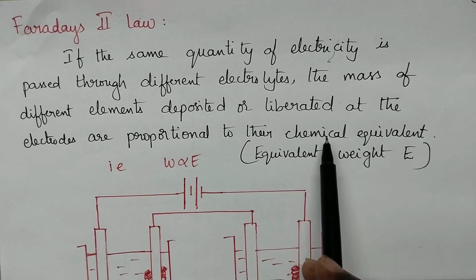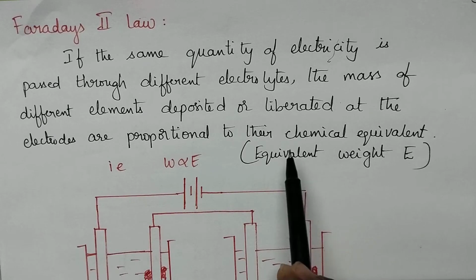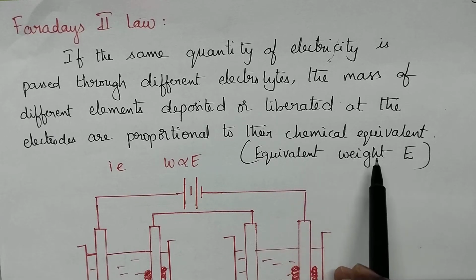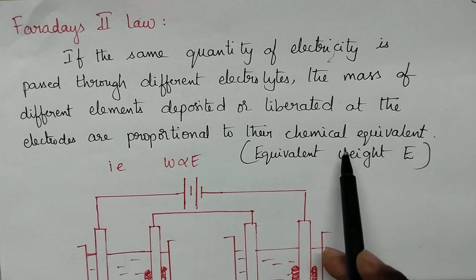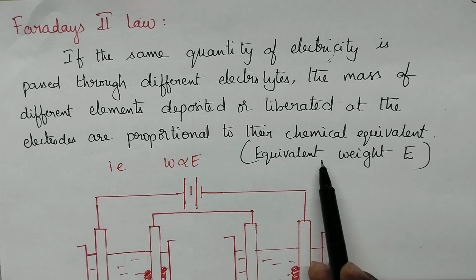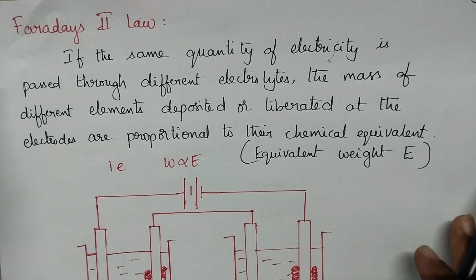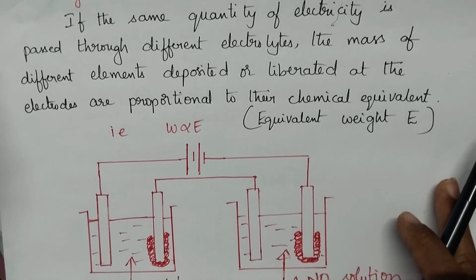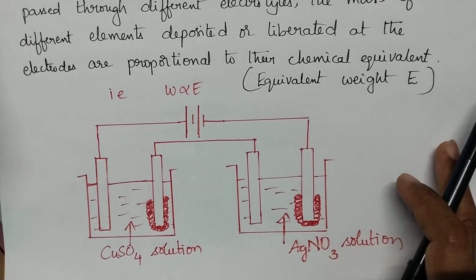Chemical equivalent simply means equivalent weight. So simply, Faraday's second law can be explained by using a simple example.